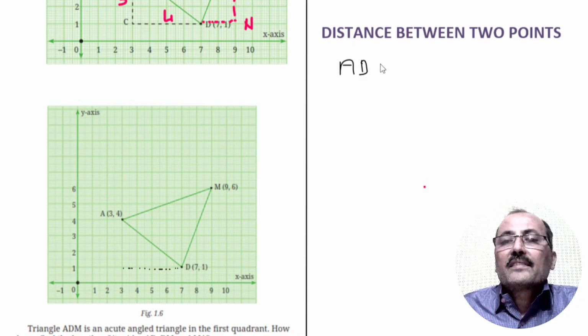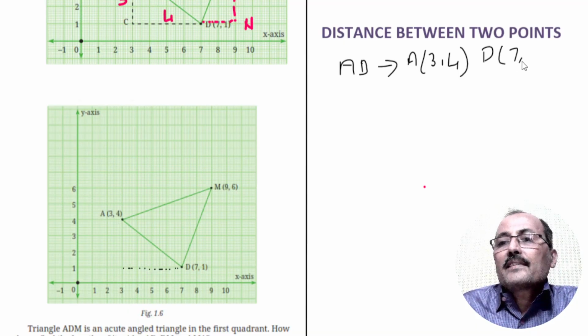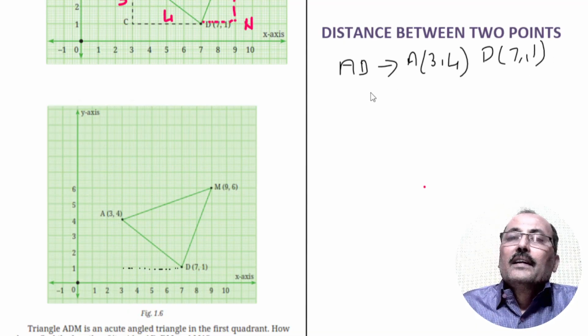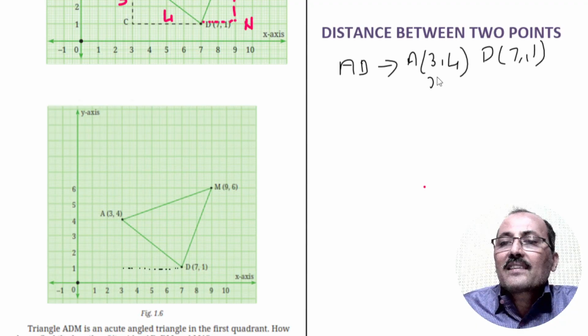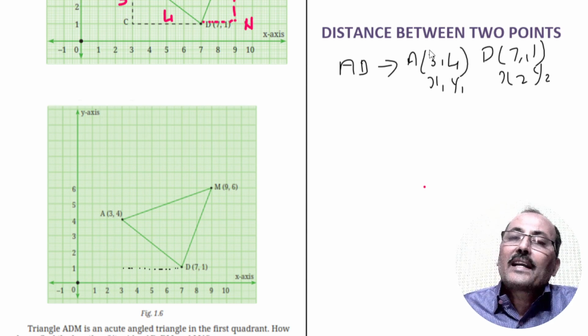Take these 2 points, A and D. A is 3, 4 and D is 7, 1. Now make these x1, y1 and x2, y2, because coordinates are written as x, y.